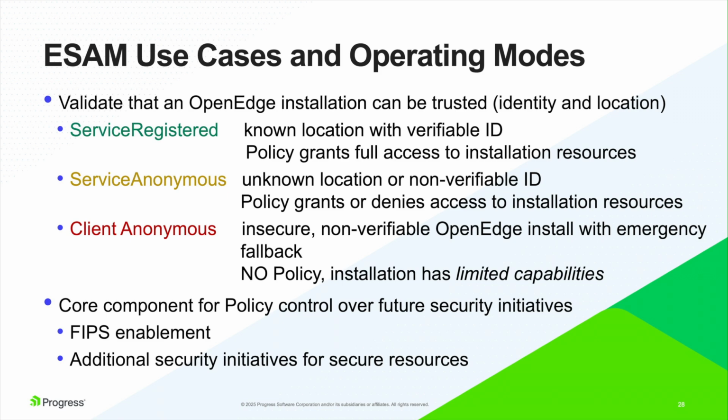In other words, it's there to get you up to the point where your OpenEdge product can start, initialize, and then gracefully shut down. Client Anonymous does not give you a secure operating condition, but we want to absolutely protect your product against any abrupt shutdowns that may cause trouble.